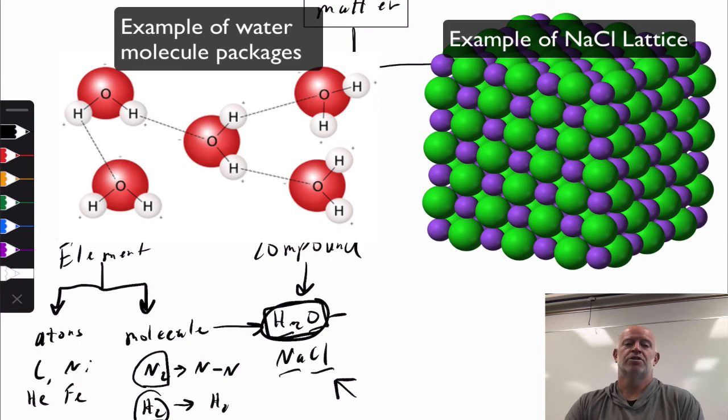So as a result, we don't get a molecule of salt. We wouldn't use the term molecule for things that don't form individualized packages. It comes down to this difference in bonding, where things that covalently bond, sharing electrons, make packages, which we can call molecules.